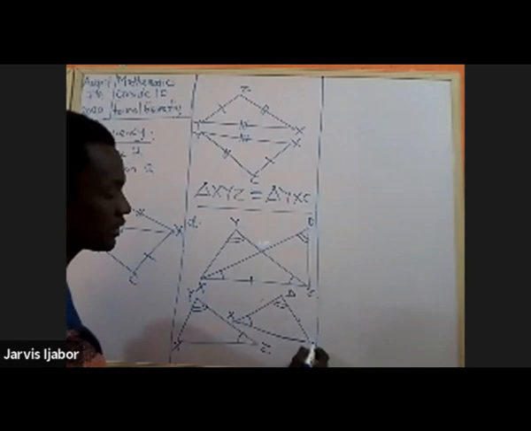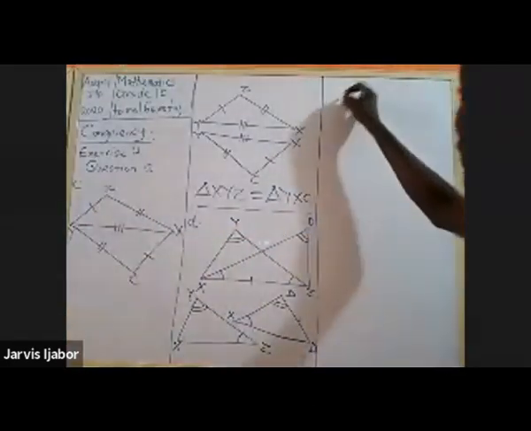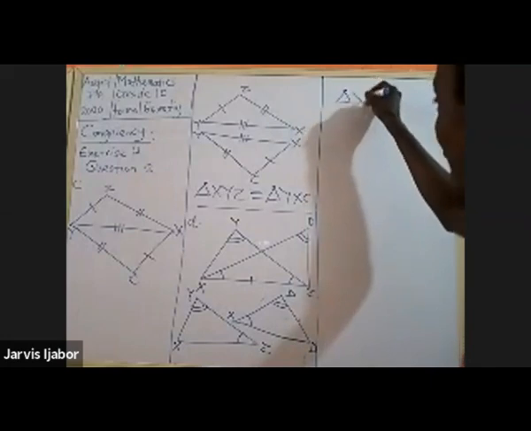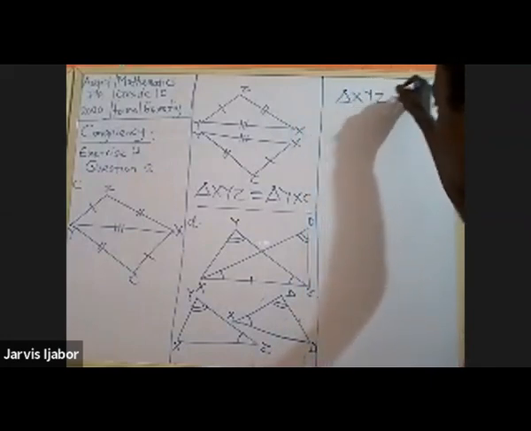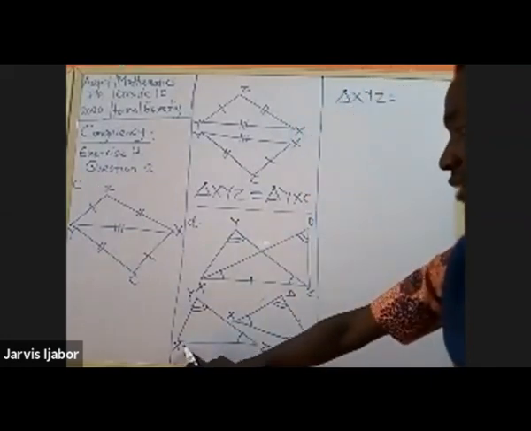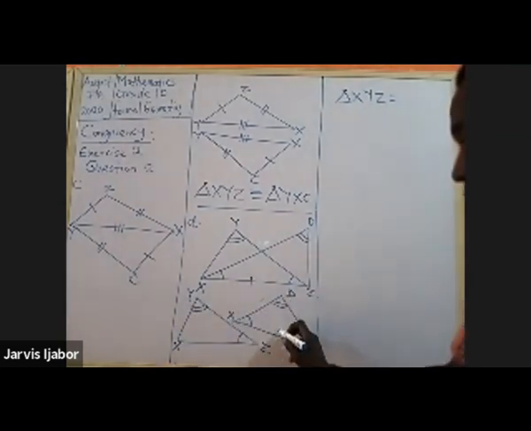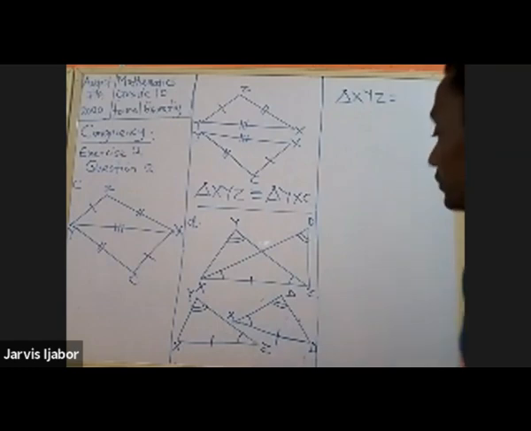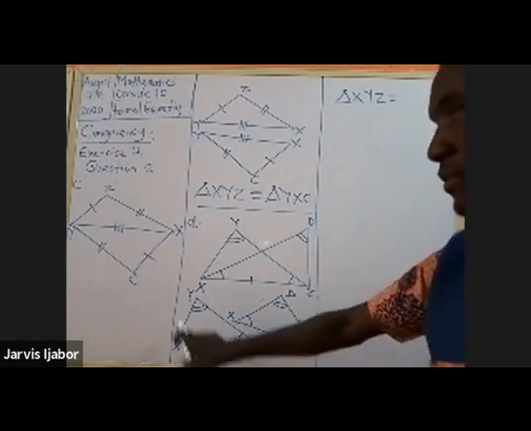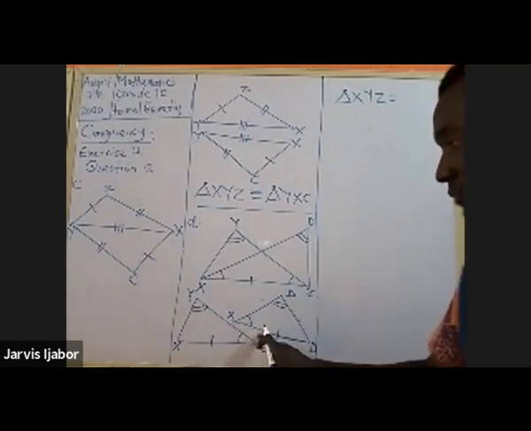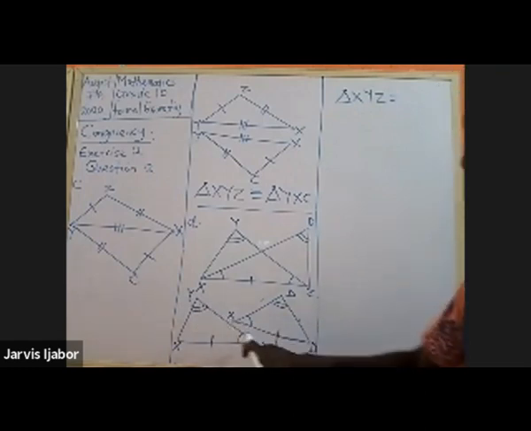This is what? D. So in writing the congruency now, triangle X, Y, Z. Now look at the other X. Now watch this. So these are both common sides. So X, Y, Z. Two angles ending with one angle.